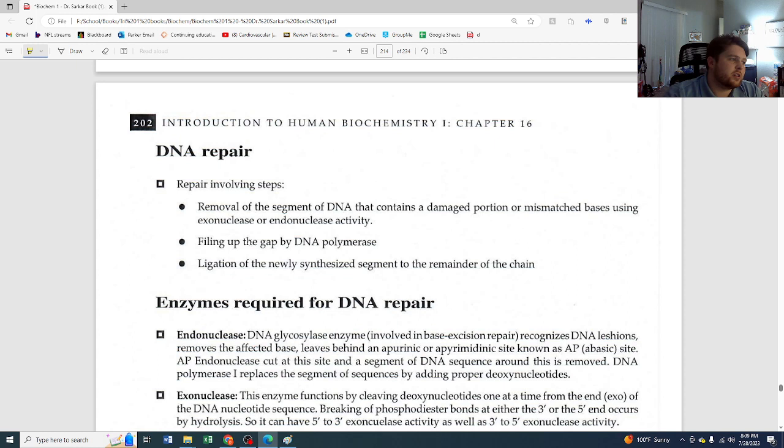So we'll have removal of the segment of DNA that contains a damaged portion or mismatched bases using an exonuclease or endonuclease activity. Filling up the gap with a DNA polymerase, and then ligation of the newly synthesized segment to the remainder of the chain.